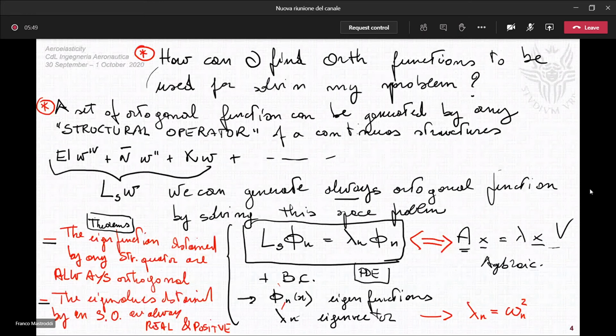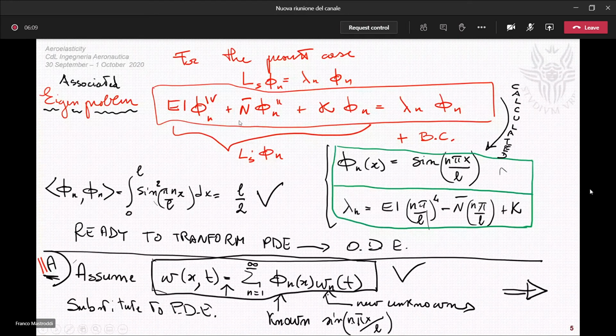So we can find a set of orthogonal functions by studying the structural part of the problem. Going ahead, we determine these eigenfunctions for our conservative problem associated with the panel flutter. In the panel flutter equation, we have a part of the problem which is conservative, another part which is not.